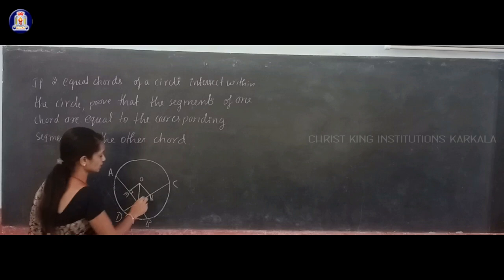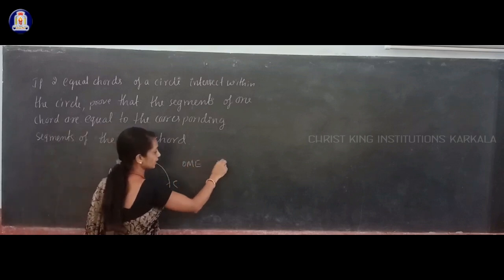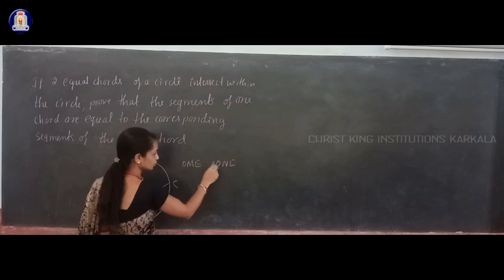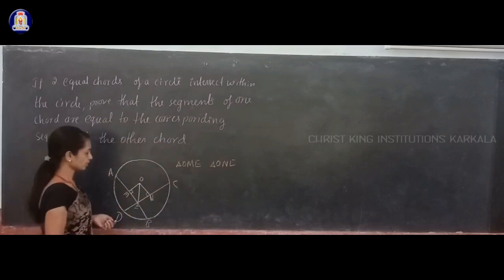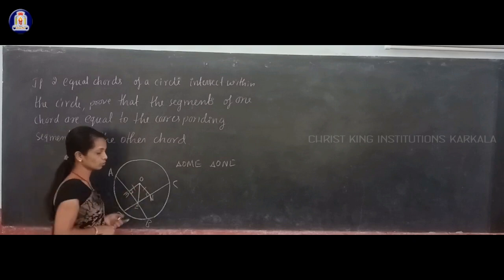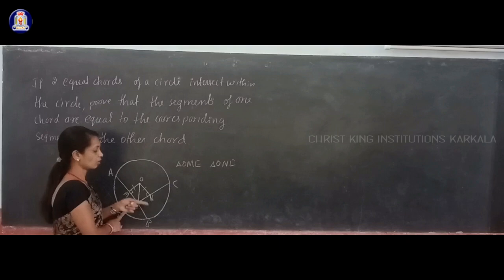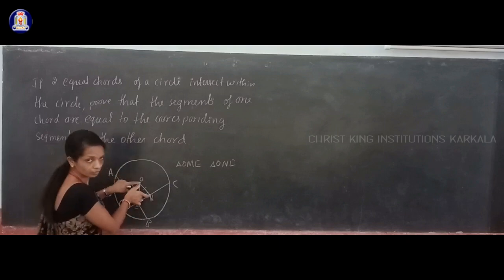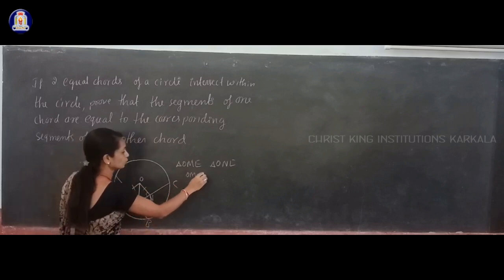And now you can see two triangles, triangle OME and triangle ONE. Those two triangles are right angled triangles. Okay, in those triangles OM is equal to ON. Why? Because you know that equal chords of a circle are equidistant from the center of the circle. So by theorem number 6 you can say that OM is equal to ON.